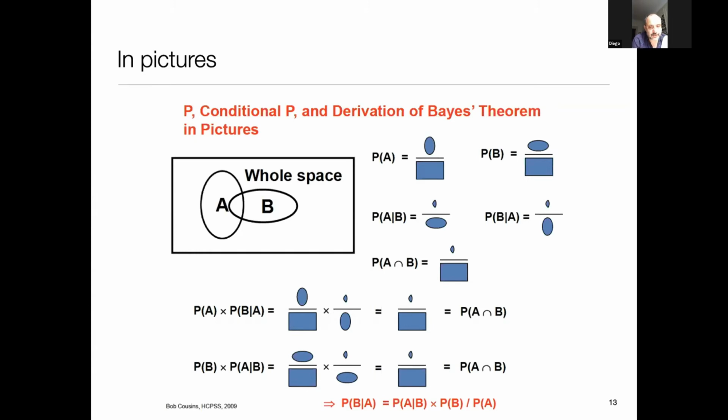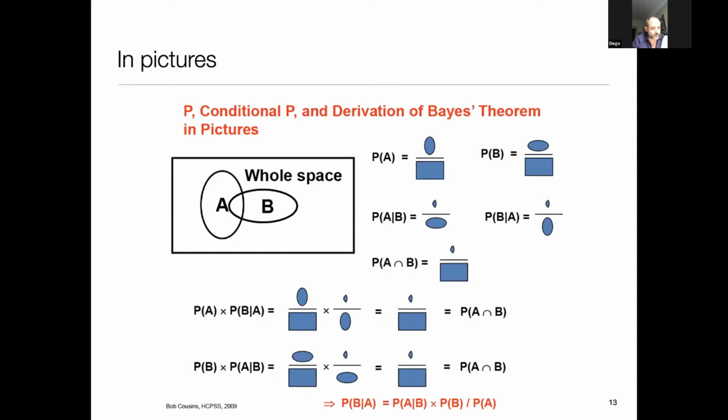And same thing with P of B given A. The numerator is the same because this is the intersection, but the denominator, so the sample space, is different because in that case it is the vertical ellipse that represents the A set. And then if you look at the intersection, what's P of A and B, you're getting this small piece at the numerator over the whole sample space.